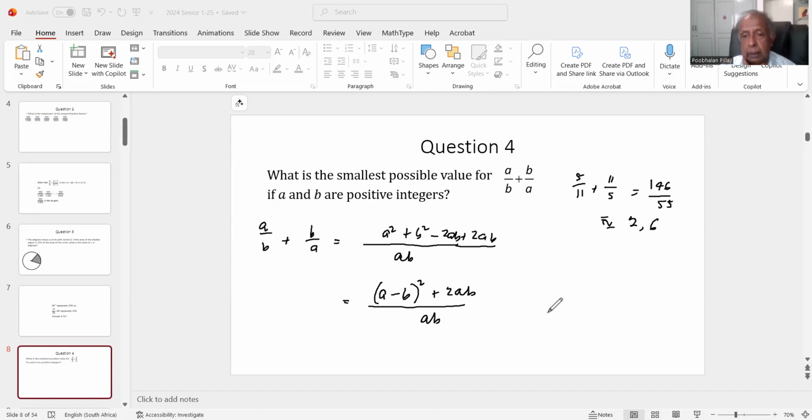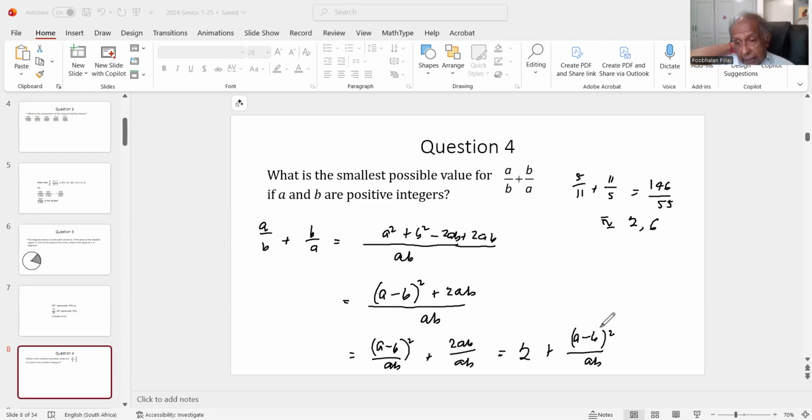If you write it like that and simplify, separating these two fractions, you get a single denominator, exactly the same as that. But this part here is 2, you see. So you have 2 plus (A minus B) all squared over AB.